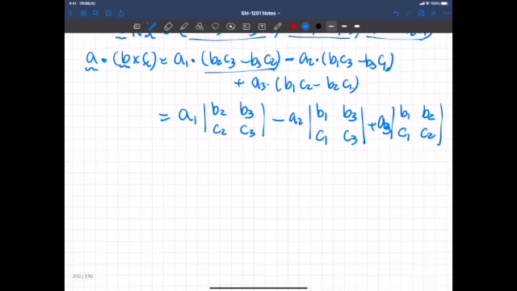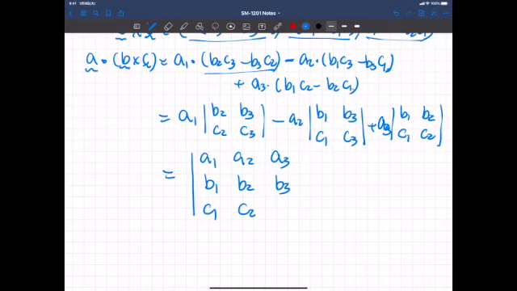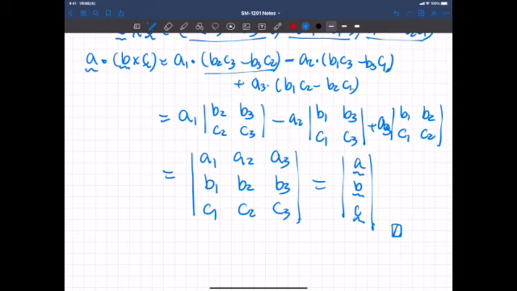But this is the determinant of this 3 by 3 matrix: A1, A2, A3, B1, B2, B3, C1, C2, C3. So that is it. And we are done.